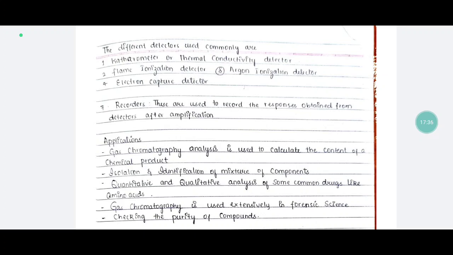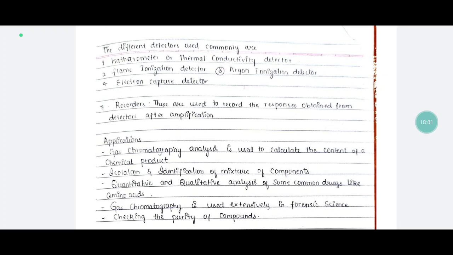The last instrumentation for gas chromatography is recorders. They are used to record the responses obtained from the detector after amplification. The applications of gas chromatography: it is used to calculate the content of a chemical product, and for isolation and identification of the components of a mixture.